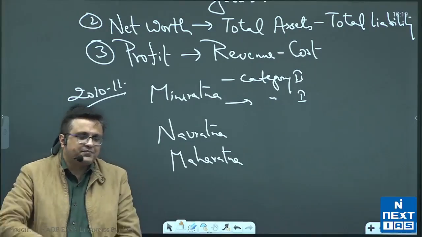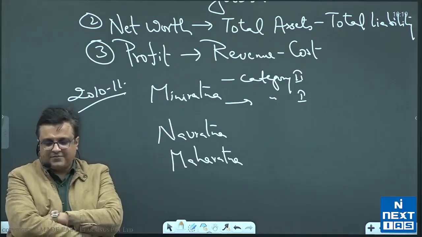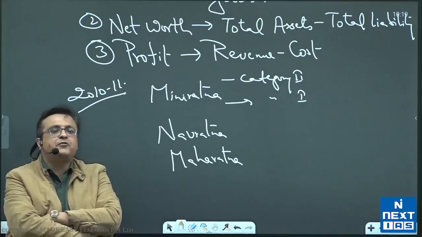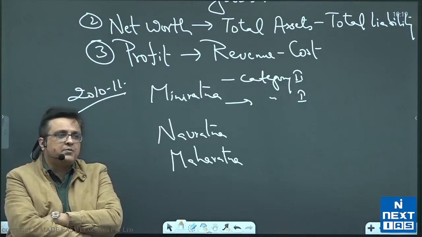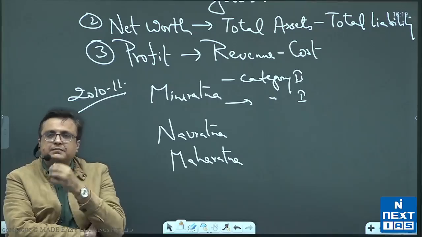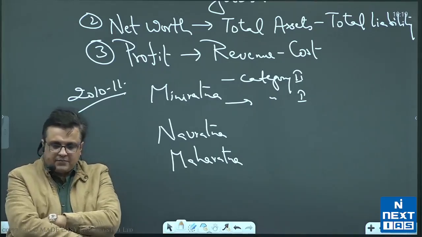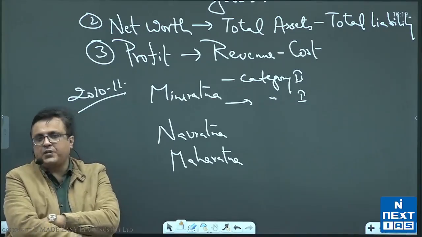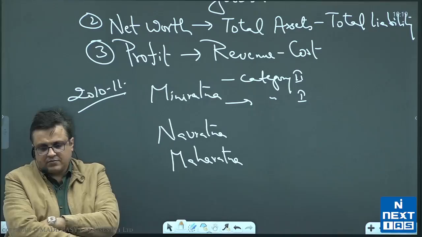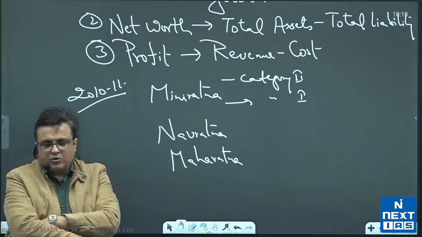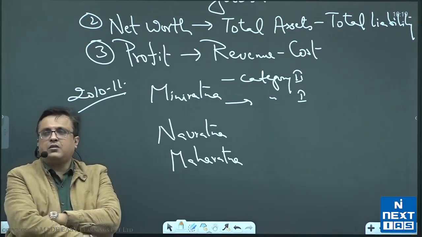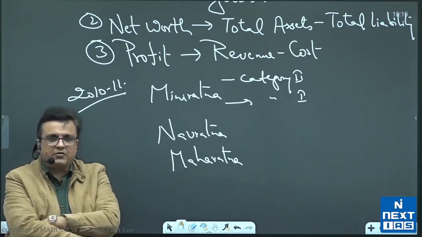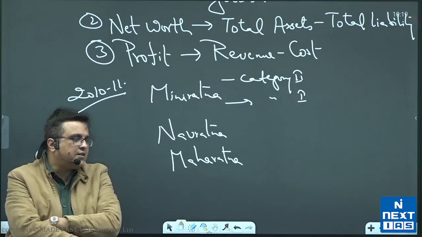You write in that they have the freedom, in the same point, Mini Ratna category 1, they have the freedom to make investment up to rupees 500 crore, or their net worth, whichever is lesser.